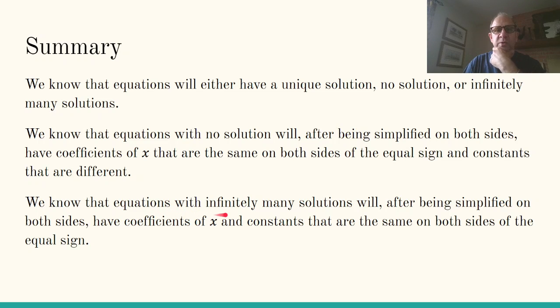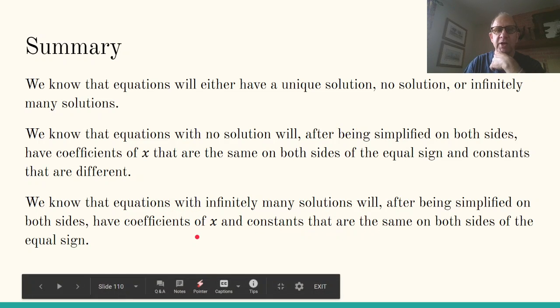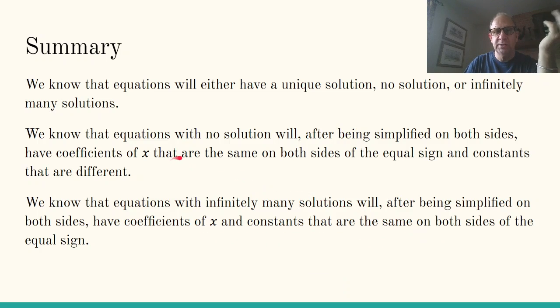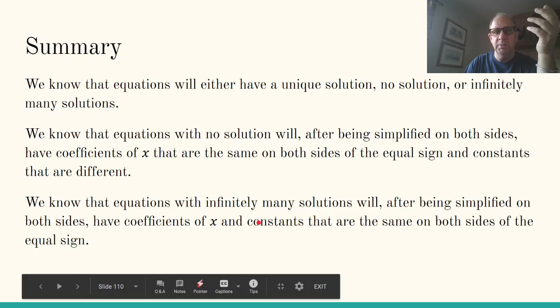We know that equations with infinitely many solutions will, after being simplified on both sides, have coefficients of x and constants that are the same on both sides. So this one we have an x and a number on both sides, but the number will be different. Here we have an x and a number, and they'll be exactly the same.